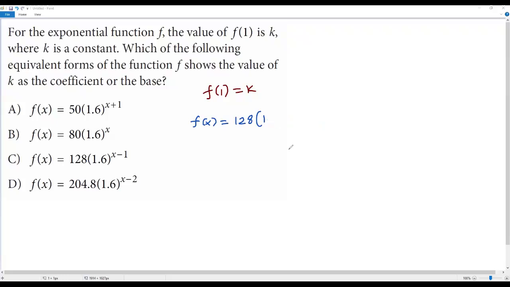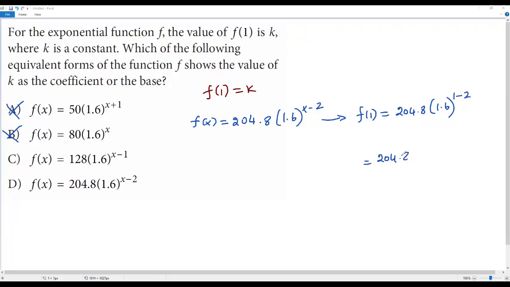So already we have rejected option A and option B. Now let's take the function given in option D, that is 204.8 times 1.6 to the power x minus 2. Now we can plug in x equals 1. Then I'm getting 204.8 times 1.6 to the power of 1 minus 2, which is negative 1.